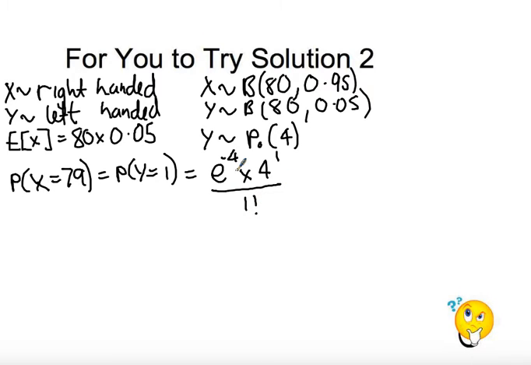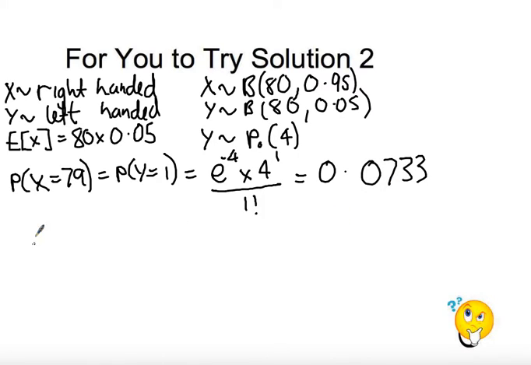Nice and easy to type into your calculator: 4e to the minus 4 is all that's really required, and you should get an answer of 0.0733 to 4 decimal places.